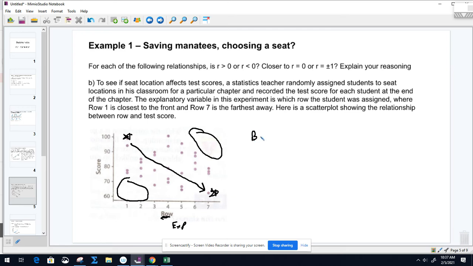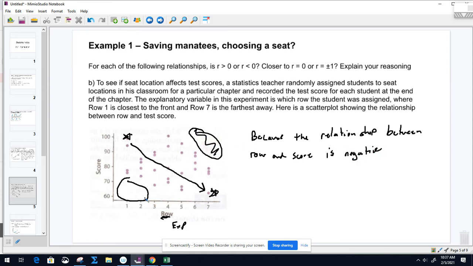Again, look at the wording: because the relationship between row and score is negative, and this is what was key, to notice these two gaps here to make it negative, r is less than 0.